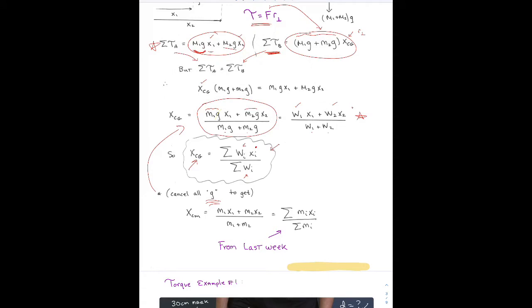So all the g's cancel, and I'm left with m1x1 plus m2x2 on top, and m1 plus m2 on the bottom. That's the same expression that I used but didn't prove for the center of mass. So when you divide out the g's from the center of gravity, you wind up with the expression for the center of mass.